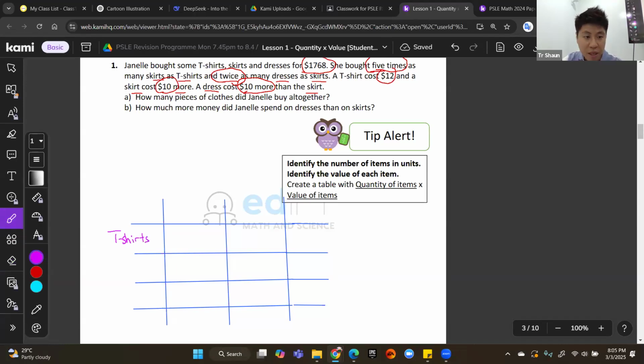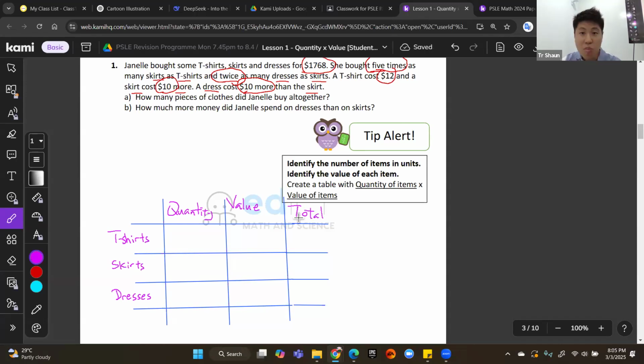And after which we have skirts. And we have dresses. And over here we have the quantity. And over here we have the value. And at the side here, we want to have the total.